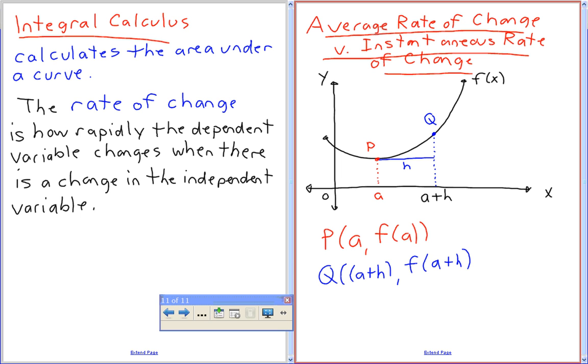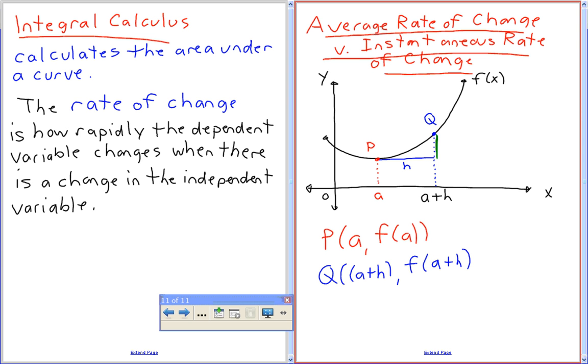Okay. This is the other thing that's difficult. What is that green line going to represent? This is where we're going to turn our math minds on. What's that height going to be? The difference of the y values between Q and P, not the difference between the x and the y values.